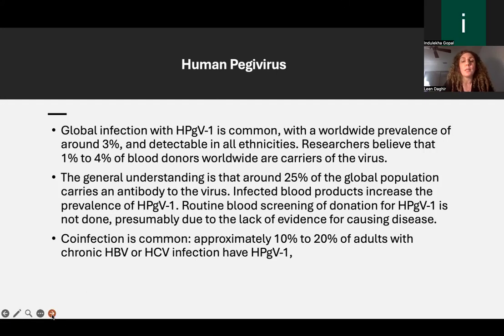Infected blood products increase the prevalence of this virus. Routine screening of donated blood for this virus is not done, presumably due to the lack of evidence of it causing disease. Co-infection is common, in approximately 10 to 20% of adults with chronic hepatitis B or C infection.